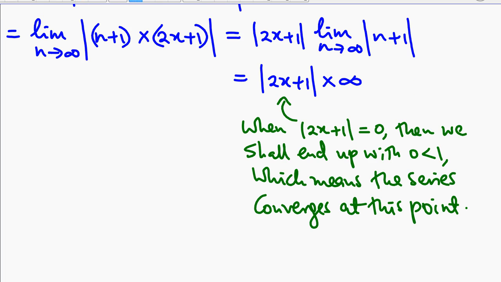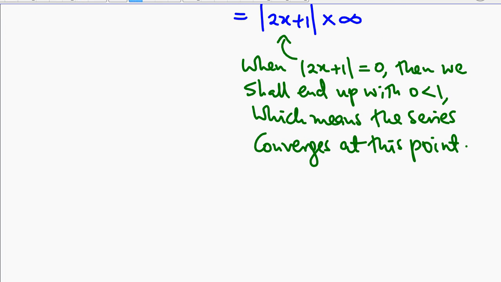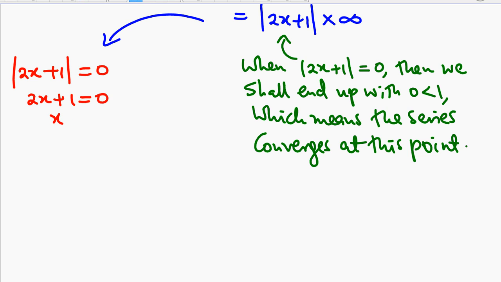We can find that by just equating that to 0. So the absolute value of 2x plus 1 is equal to 0, which means 2x plus 1 is equal to 0, x is equal to negative a half. So the series converges when x is equal to negative a half.